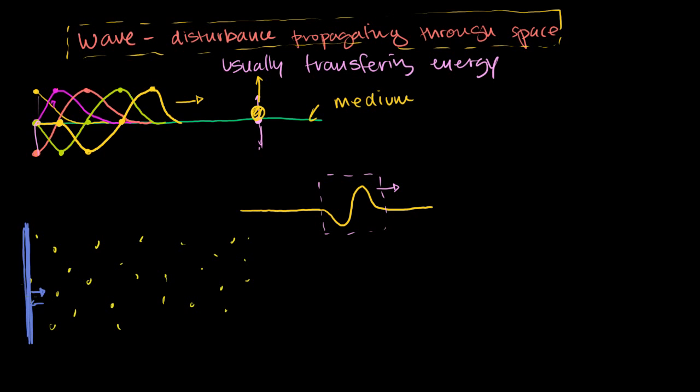So what's going to happen? Right after it pushes, the air molecules that it pushes up against are going to jam together. They're going to get compressed. All of these air molecules that were right on the surface are going to get pushed next to all of these air molecules that are right there. And then when the membrane goes back, you're going to have fewer air molecules here because you're going to have a low density here.